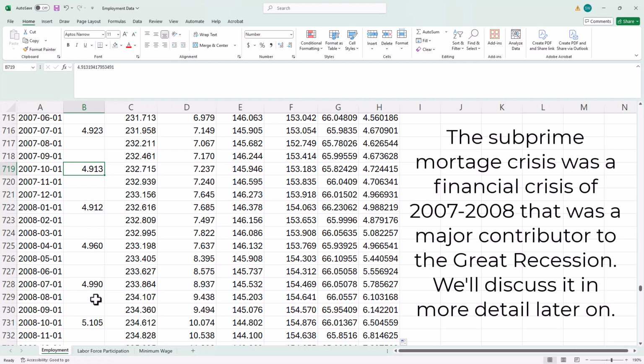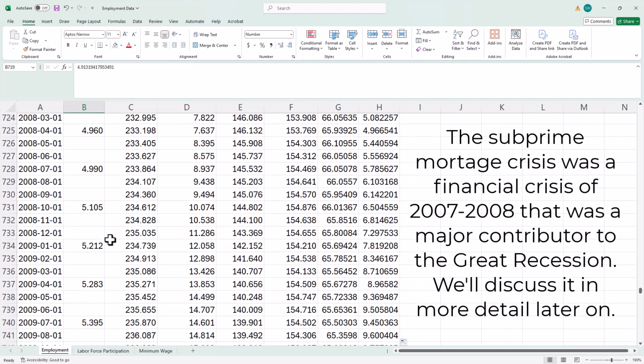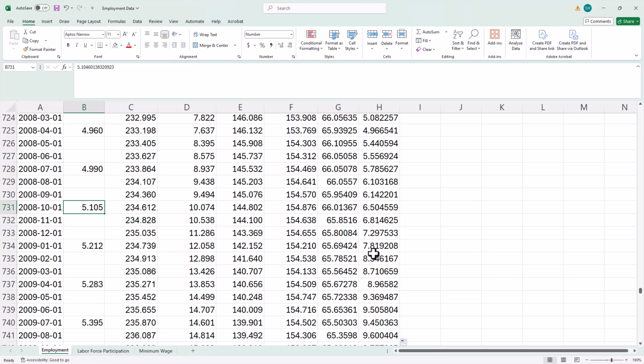But then the subprime crisis happened, leading to the Great Recession, and we can see if we go into 2008, then the unemployment rates started to become significantly higher than the natural rate of unemployment at that time. We can see here in mid-2009, the unemployment rate was over 9% as compared to the natural rate, which was more around 5%. That tells us that there was a big recession going on, and of course we know that that was the case.